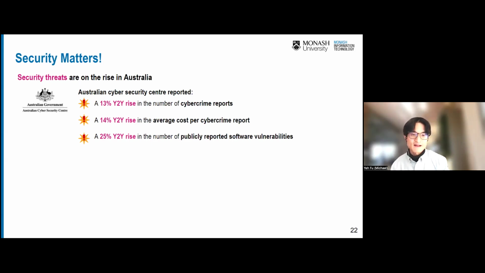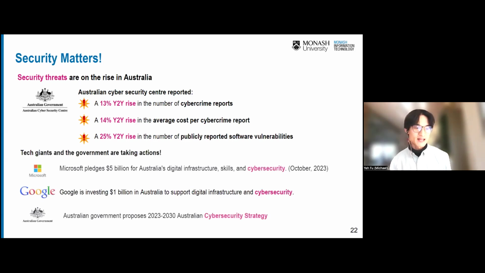So this is really serious, and we know the technology giants and the government are taking action. For example, Microsoft invests 5 billion in Australia for cybersecurity, and Google invests 1 billion in Australia as well to solve the cybersecurity challenge. And our government also proposes a 2023 to 2030 Australian cybersecurity strategy.